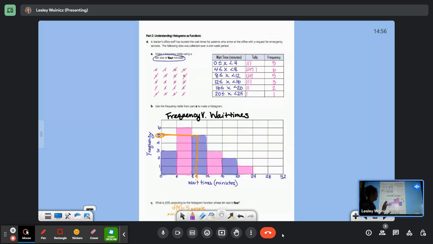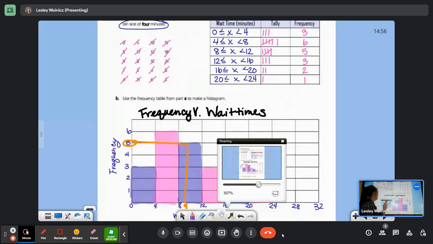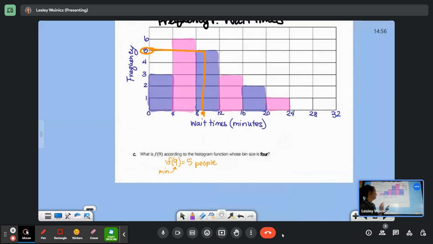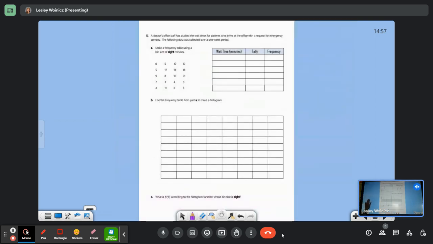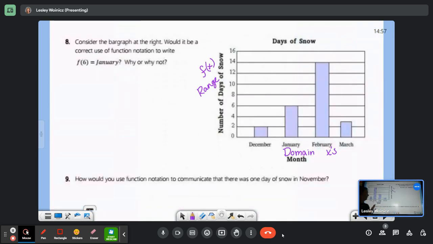Okay, so for this little function down here, we found f of 9. We found 9 down here in the domain because it's an x value. And then we found its corresponding output frequency, which is an element of the range. Now, go back to the future. What happened?